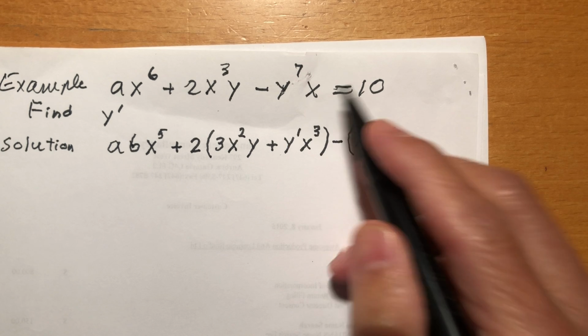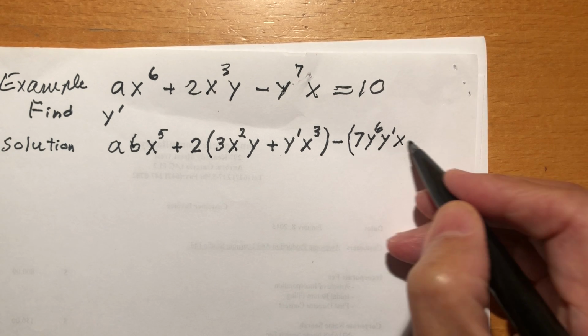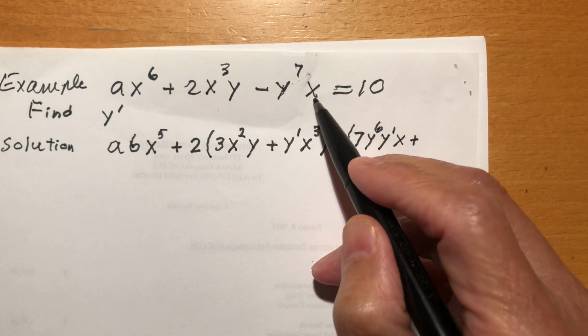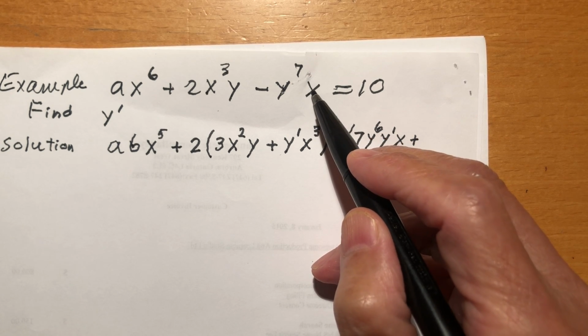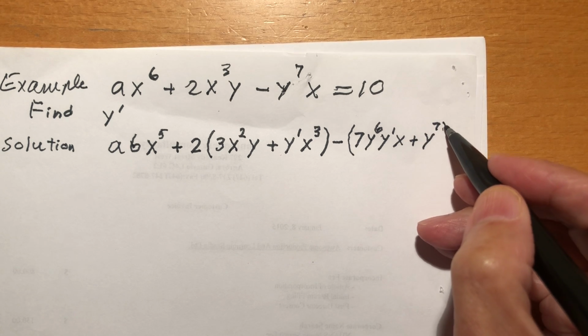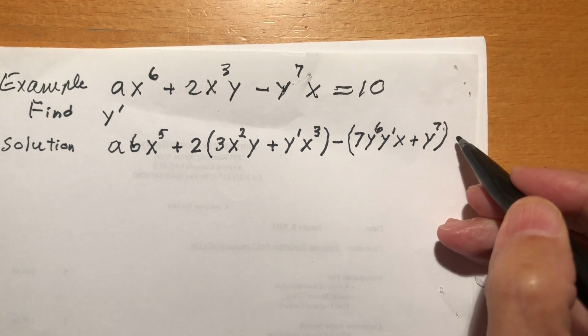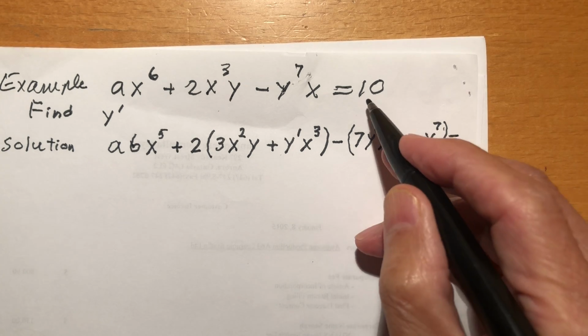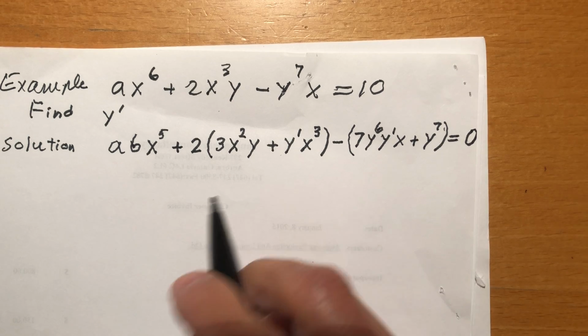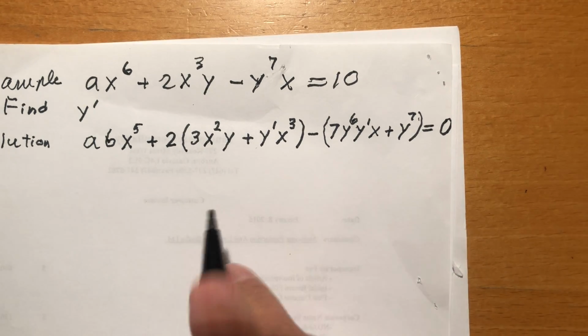So u prime v plus v prime u. v prime is this derivative. This is just 1, so I have... equals the derivative of 10, which is just 0. So this is our derivative, term by term.